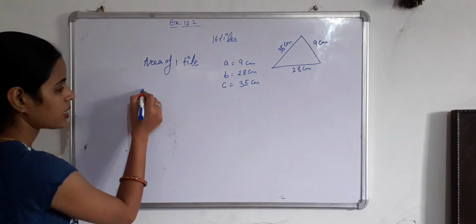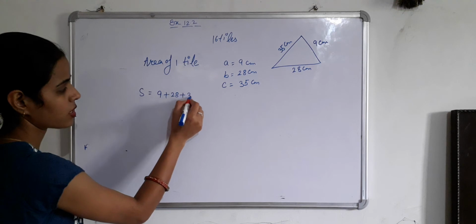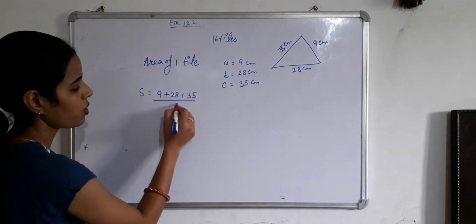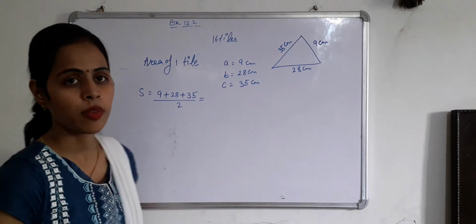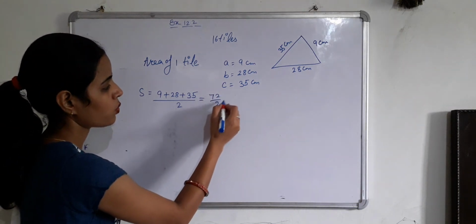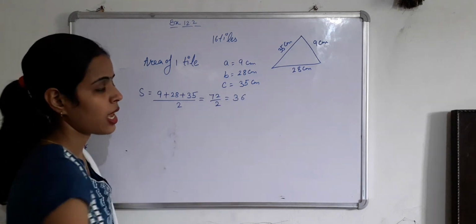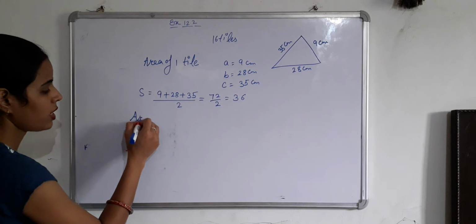First calculate S. S equals 9 plus 28 plus 35 upon 2. 9 plus 28, 37. 37 plus 35, 72. 72 upon 2 equals 36. S equals 36. After calculating S, find area.